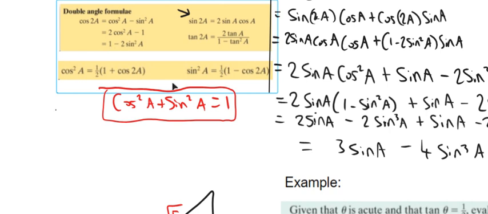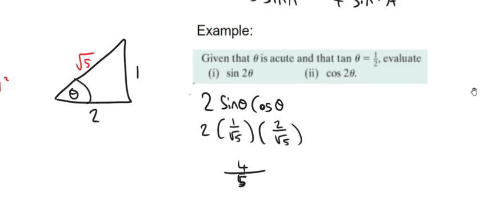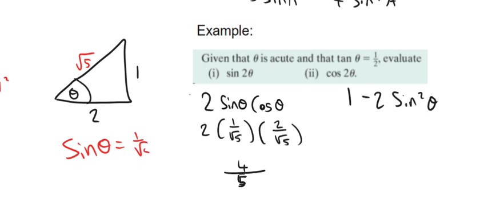That's the same as 1 minus 2 sin squared theta. So I know that sin of theta from this right angle triangle over here is 1 over root 5.